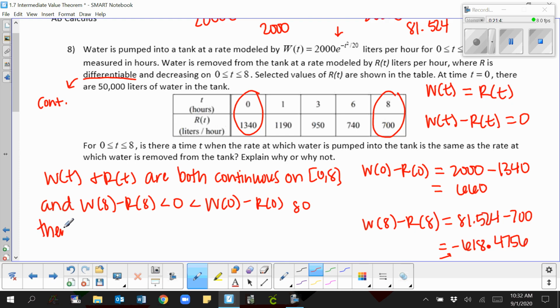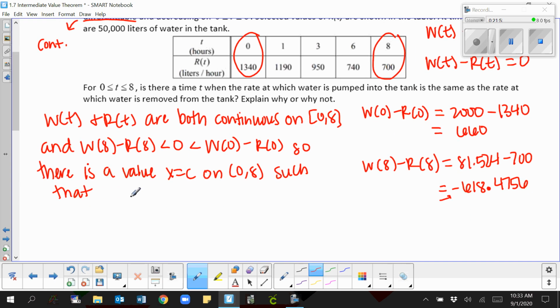So there is a value x equals c on my interval 0 to 8, such that W of c minus R of c is equal to 0 by my Intermediate Value Theorem.